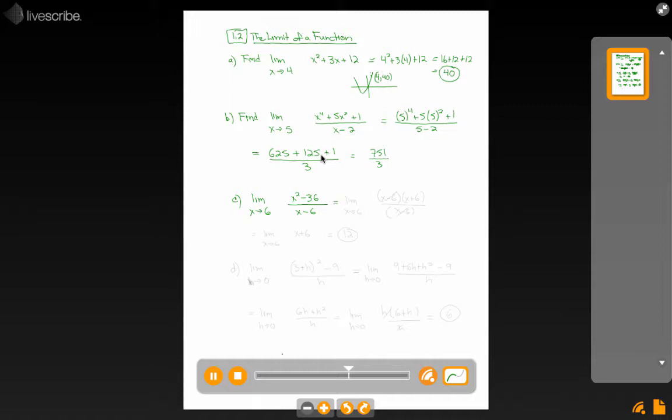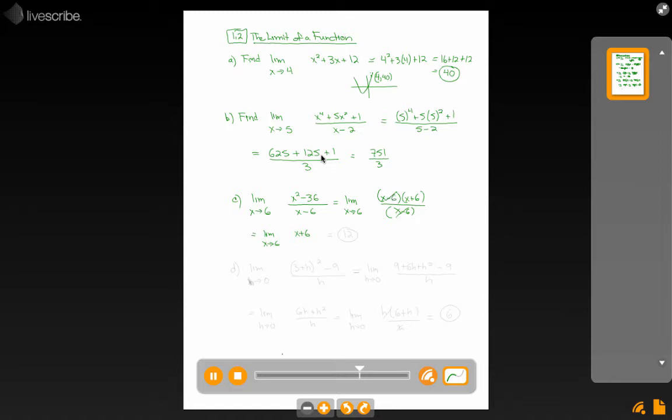In this case, the way to go about this is to say, well, that would be the limit as x approaches 6 of (x minus 6) times (x plus 6) over x minus 6. In other words, factor everything that I can. In this case, the top factors as a difference of squares. So I've got the limit as x approaches 6 of x plus 6.